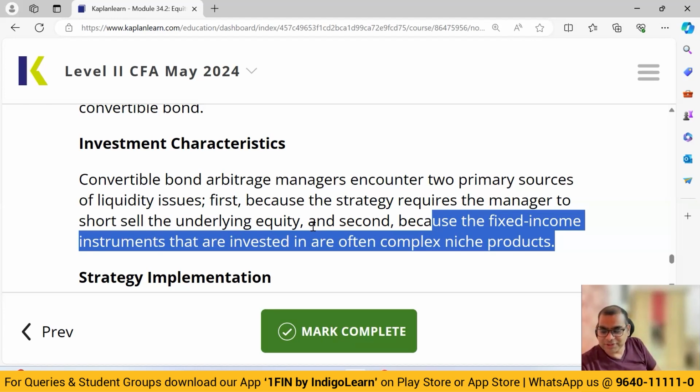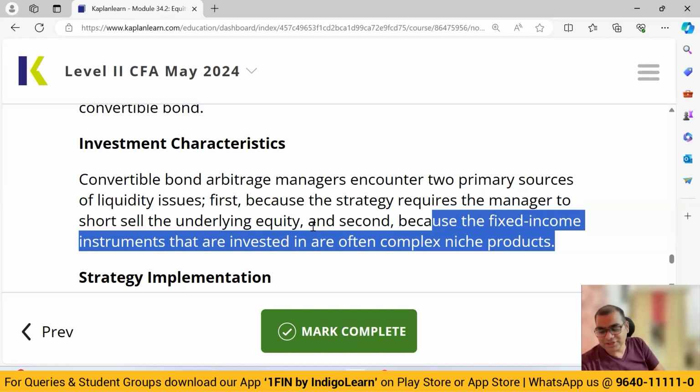In a convertible bond, the holder has a right to exercise at specific points of time, correct? So let us say we are very close to the exercise date, and we are trying to hedge in parallel by selling equities. Suddenly something happens in the market where you're not able to exercise. So it is very difficult to unwind such positions.